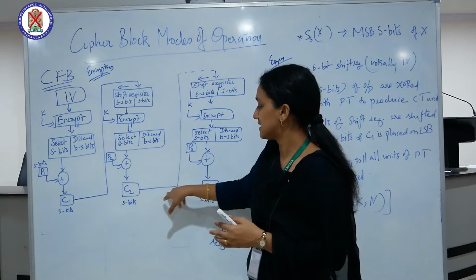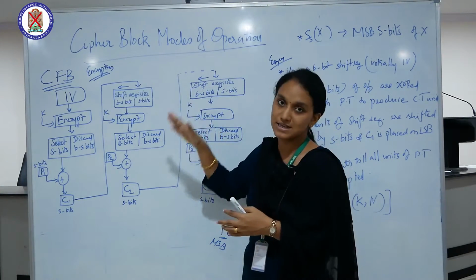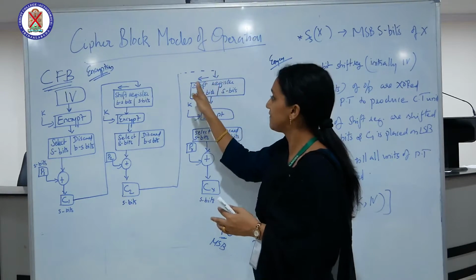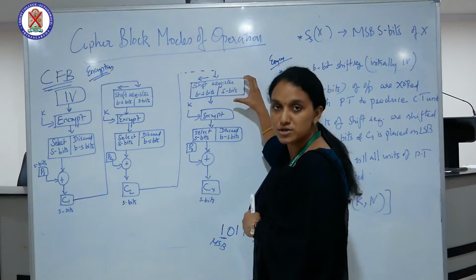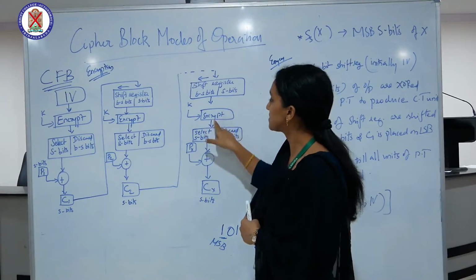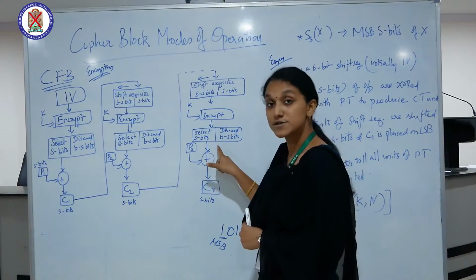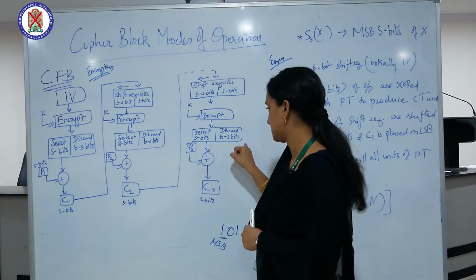So for the last one, let it be like it enters the shift register. The preceding ciphertext is now shifted towards the left, to make sure that the cipher constitutes the LSB S bits. Clear? And that enters the encryption algorithm. Out of the result, you select the S bits, you discard the B minus S bits.